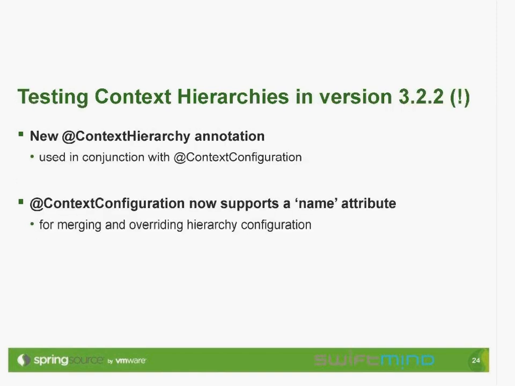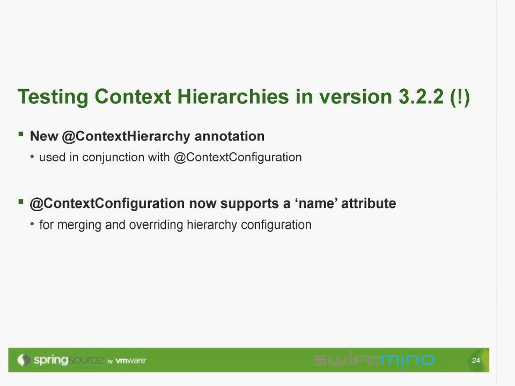3.2.2, we are adding support via a new @ContextHierarchy annotation that will be used in conjunction with @ContextConfiguration. So basically, you can nest @ContextConfiguration, as you know it today, within @ContextHierarchy, and we'll see some examples in a minute.